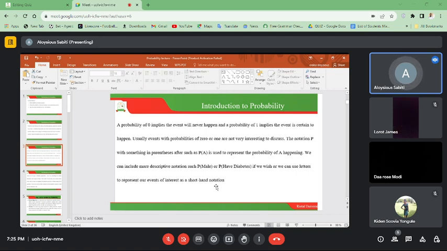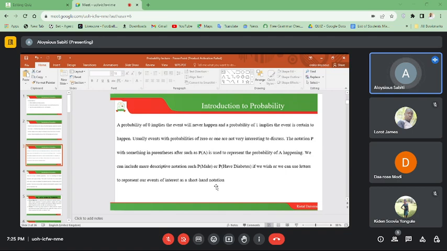So your notation for the parenthesis here would be the probability of under 5 death. That is just an explanation of P in brackets, the event of interest.